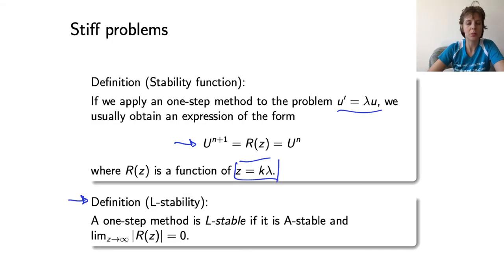A one-step method is said to be L stable if it is A-stable, that is, it is stable on the left half of the plane, and the limit of this stability function as k lambda goes to infinity is 0.